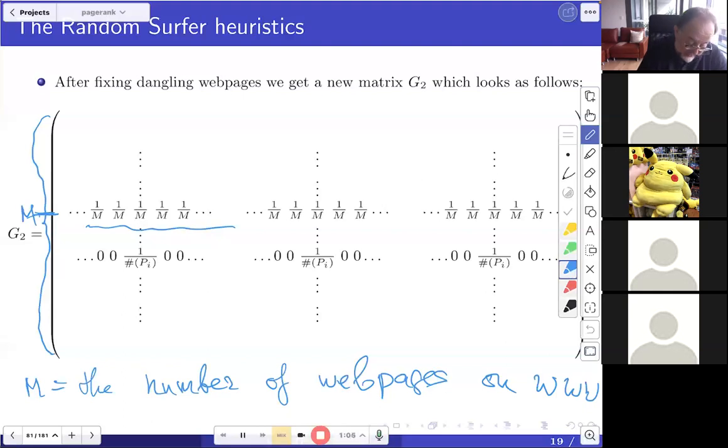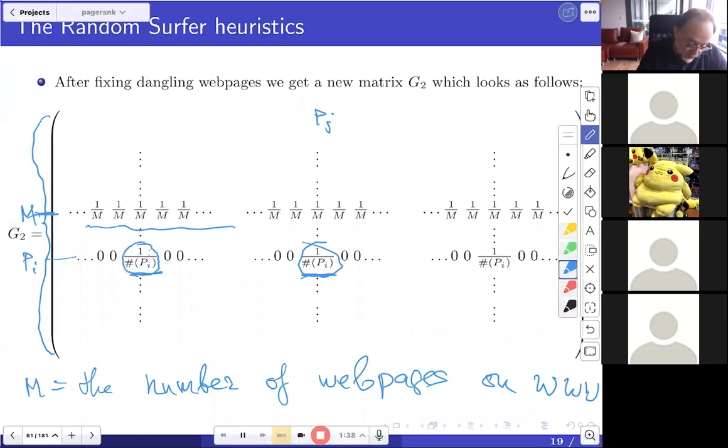How do we do that? Well, remember, these entries are the probabilities that if you are at page Pi, you jump to page Pj, if this is the jth column. Now, we change that. Rather than always following only links to these web pages, we do something different.